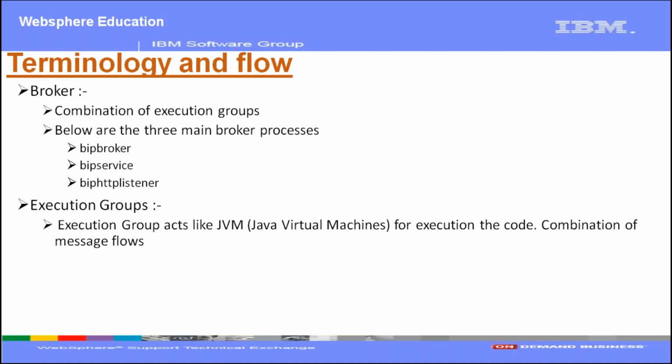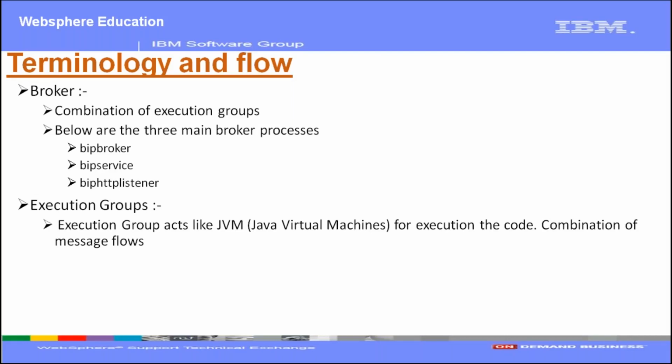When he wants to run Java code, he needs to have some place, and in that place the Java code can be executed. That place is called JVM, Java Virtual Machine. So the Java Virtual Machine is a place where the Java code can be run, executed and tested.